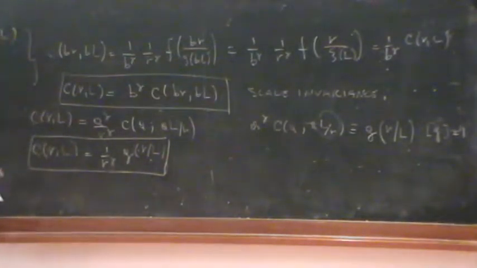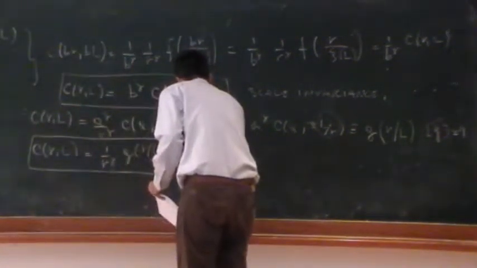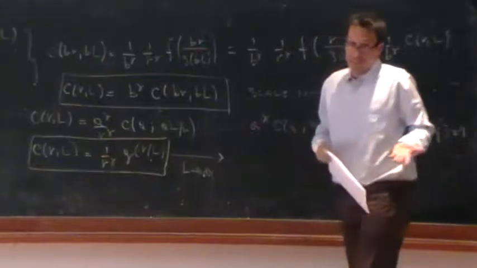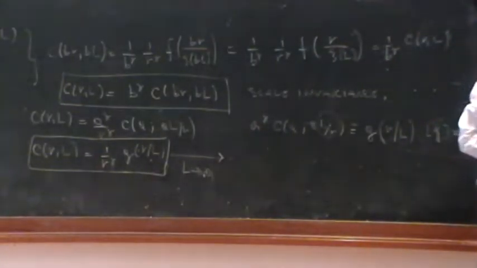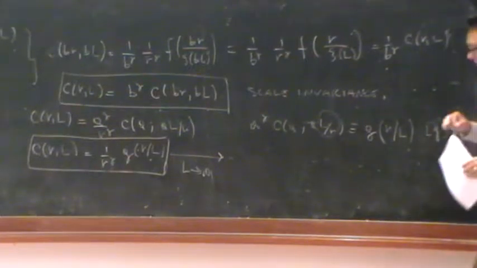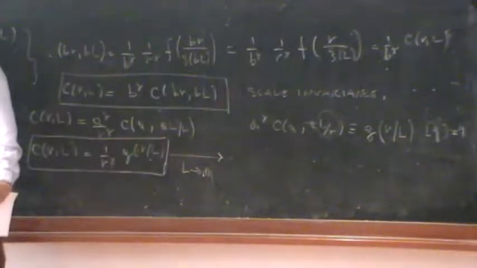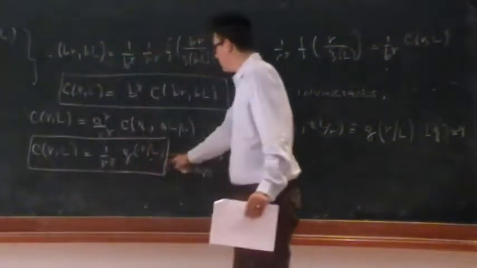Okay? And now what I can do is to push L to infinity. So you cannot do that in your experiment, of course. You only have finite size correlation functions. But then I'm saying that your finite size correlation function, by virtue of this observation that you did, must go in this way.